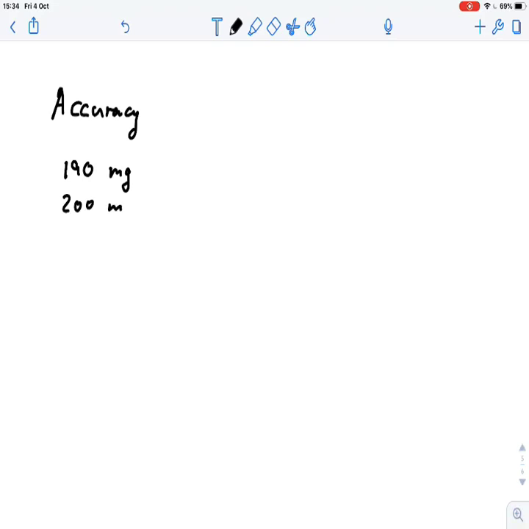I also want you to do the accuracy for that, and we use, again, the same values: 190 milligram, 200 milligram, 210 milligram.